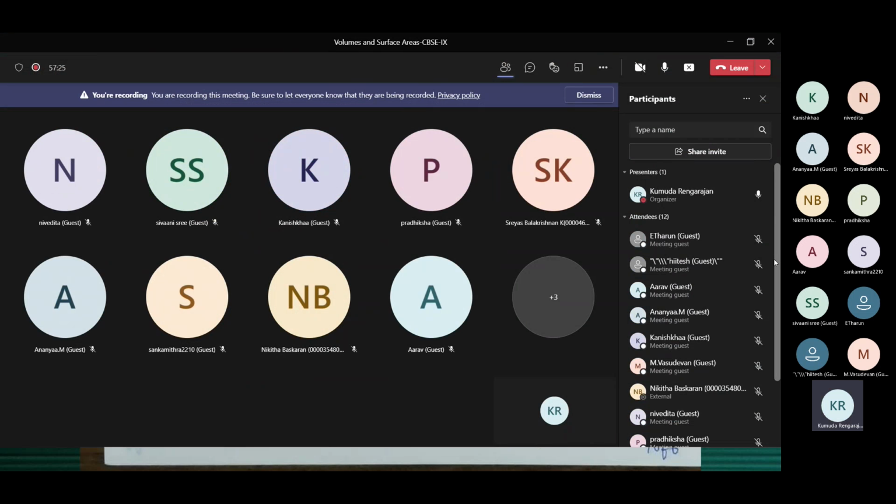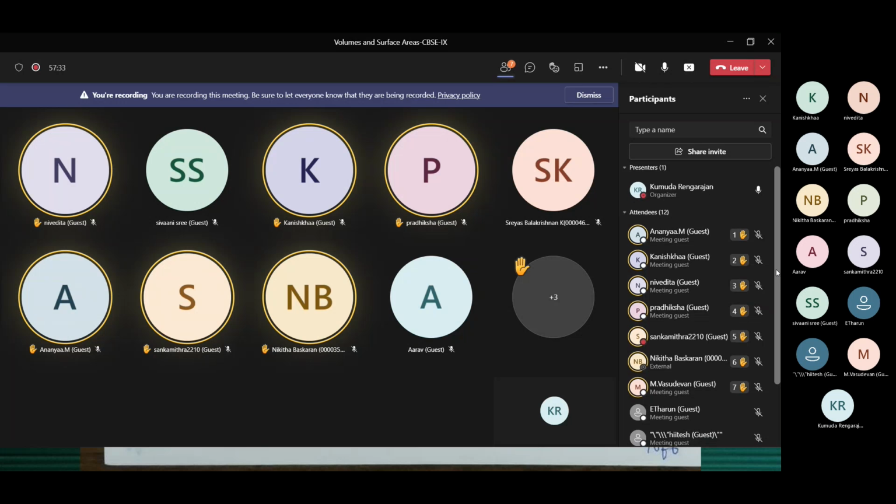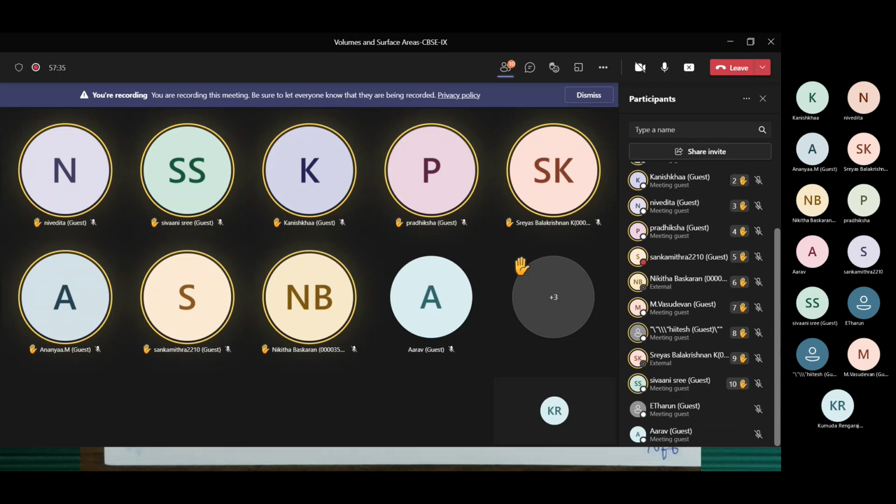Class, use the emoji. Raise your hand. Arav and Tarun.